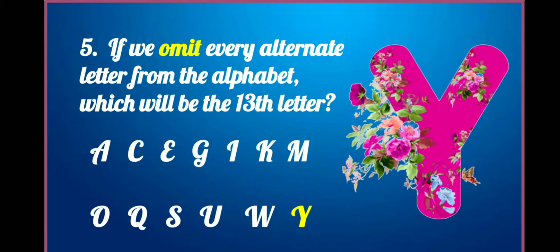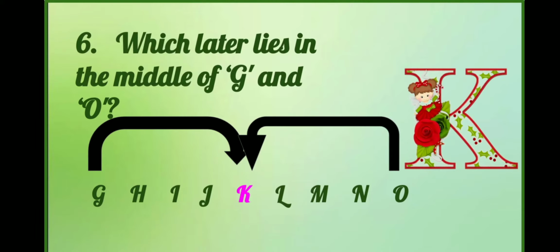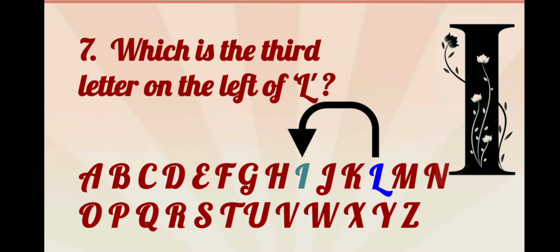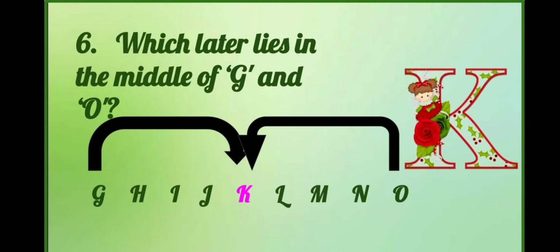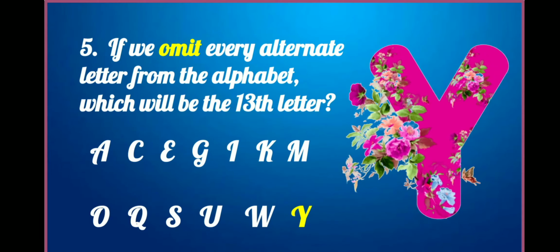You can count 1, 2, 3, 4, 5, 6, 7, so in the 7th place M, then 8, 9, 10, 11, 12, 13. So Y will come in the 13th place.